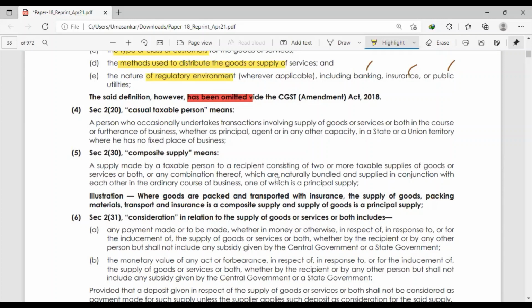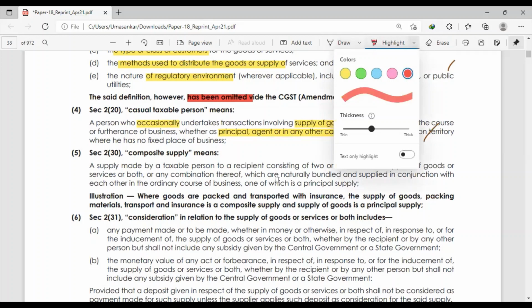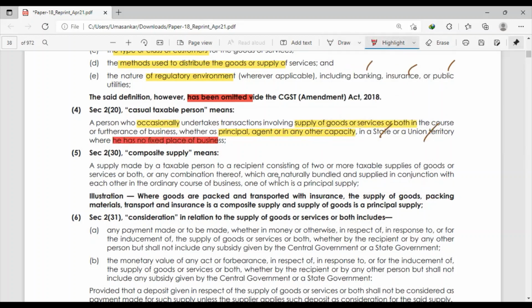A person who occasionally undertakes the transaction, occasionally meaning sometimes undertakes a business transaction or business activity involving supply of goods or services, or both, in the course of furtherance of business, whether as a principal or agent or in other capacity, in a state or territory where he has no fixed place of business.